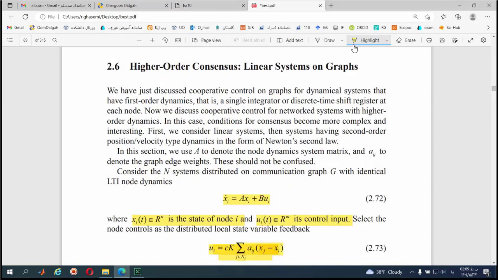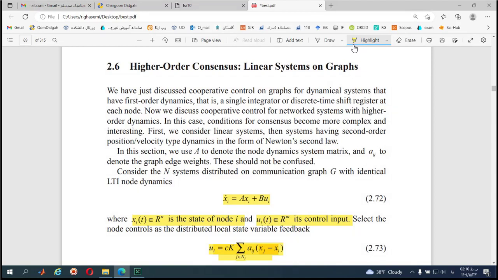xi dot equal to A xi plus B ui. Xi is the state of each agent. Ui is a control input for each agent. This dynamic is LTI, linear time invariant, for each agent.